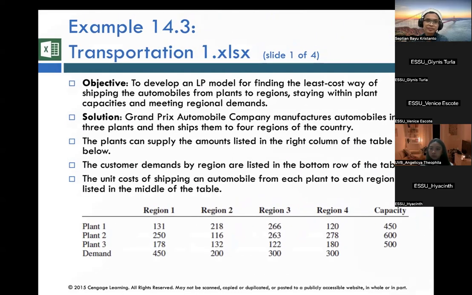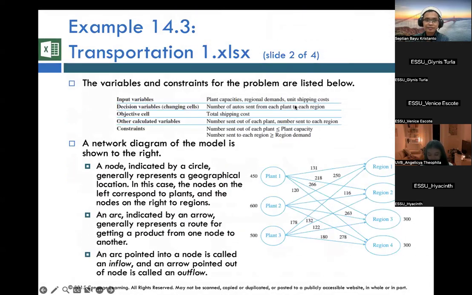For example, we have to transport three kinds of product from plantation number one, plantation number two, and plantation number three, and it should be based on the customer demands. We have four regions, let's say region one, region two, region three, and region four. So the allocations are based on our capacity in each plant or each production.